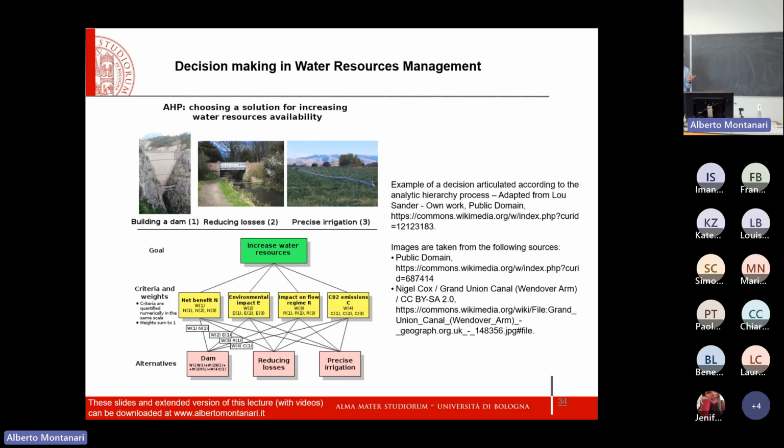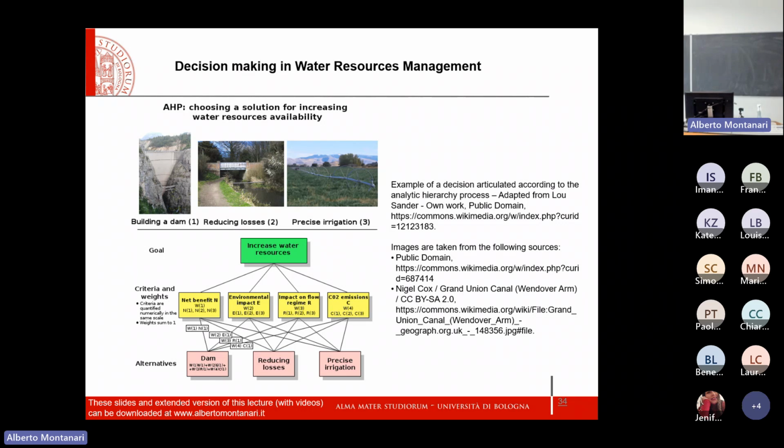So I need the 4 Ws, and I need for each of the possible candidate solutions, dam, reducing losses, and precise irrigation, to estimate the value of the 4 criteria. So for the dam it is N1, E1, R1, C1. Okay. For reducing losses, it will be N2, E2, R2, C2, and so forth.